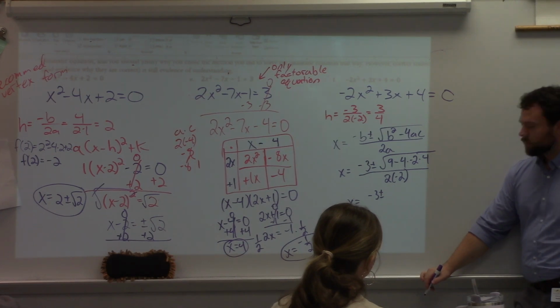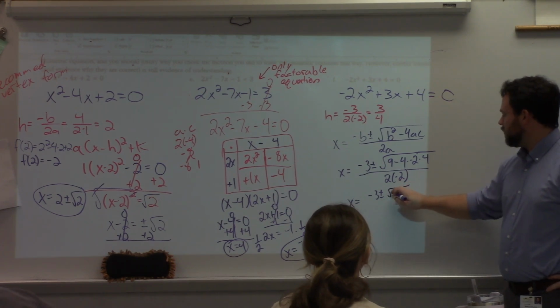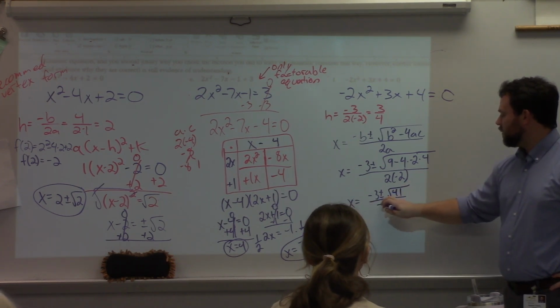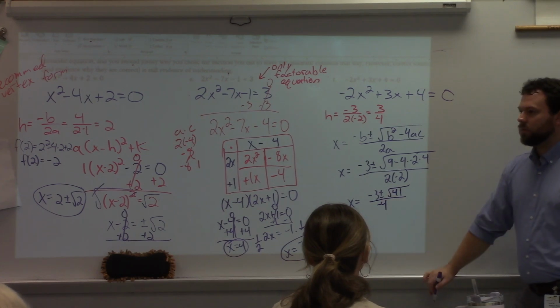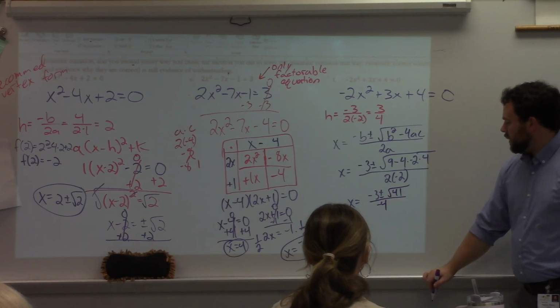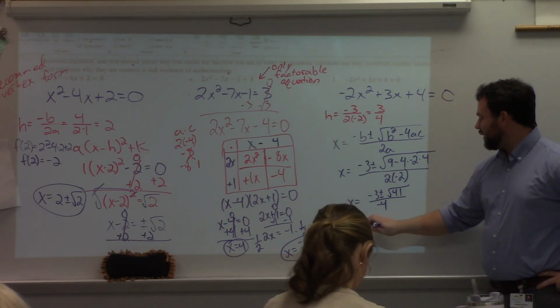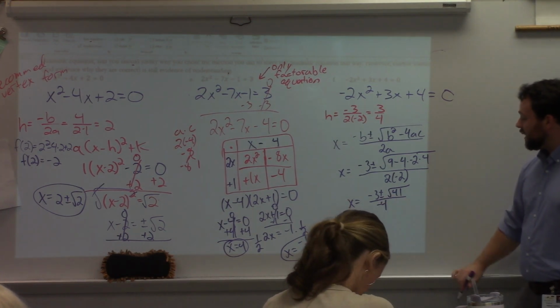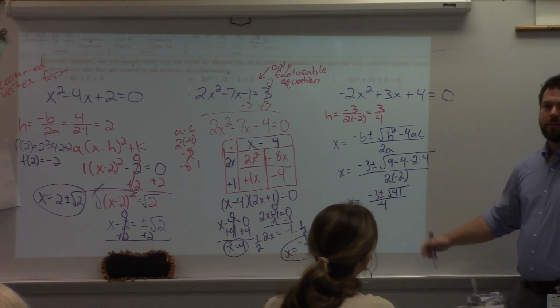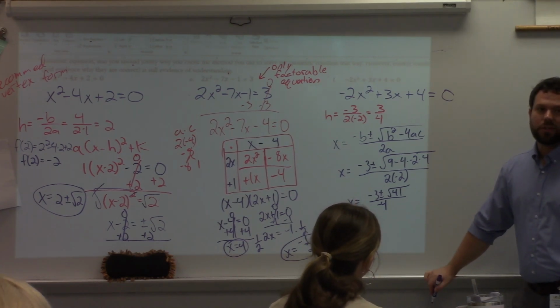Yeah. Divided by negative 4. And so at this point, you could leave it like that, because notice what kind of number this is going to be? That's going to be irrational, so you can totally leave it like that.